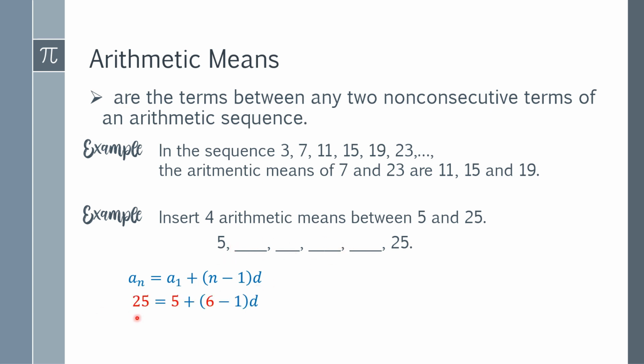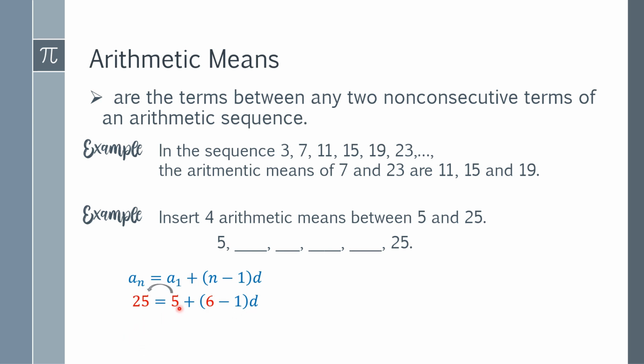So we have the last term, which is 25. Our first term is 5. Now our n is 6. Why do we have 6? We have 5 and 25, that's 2, plus the 4 to be inserted. So all in all, we have 6 minus 1 times the d, since we don't know yet the common difference.